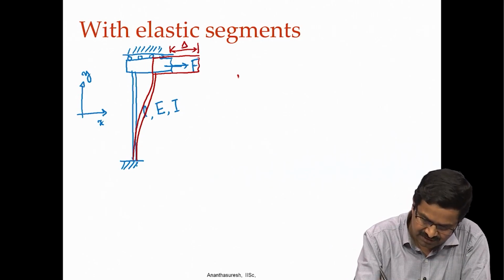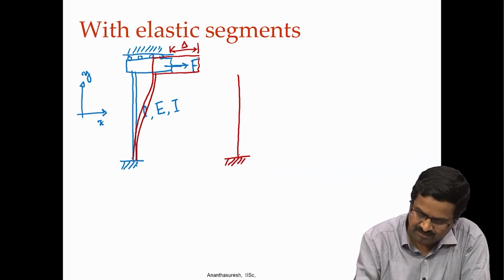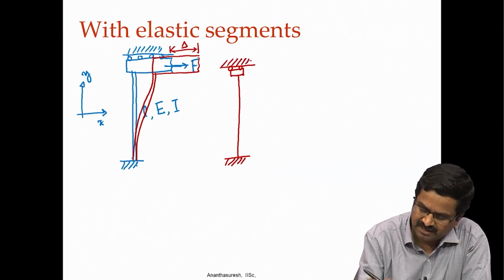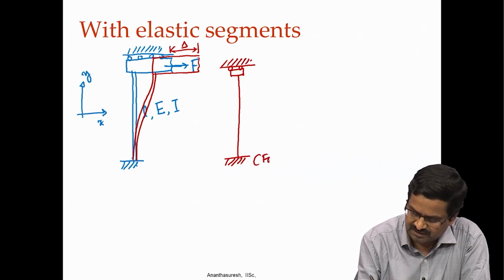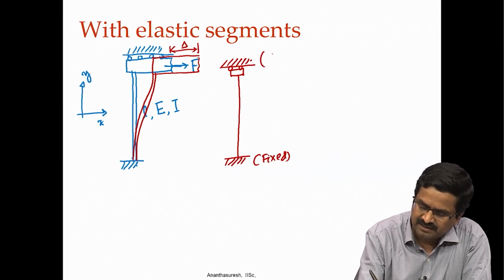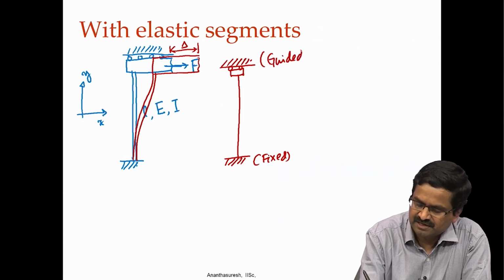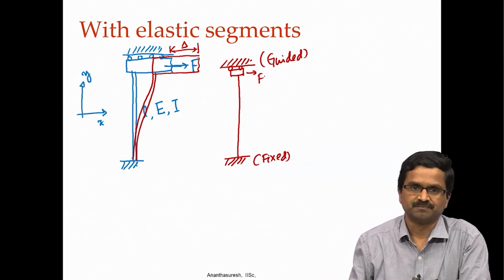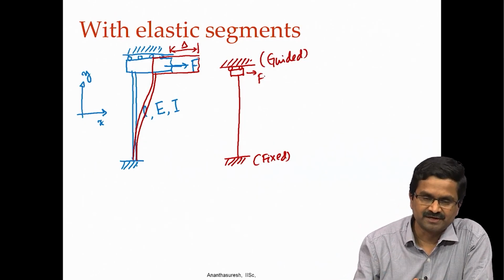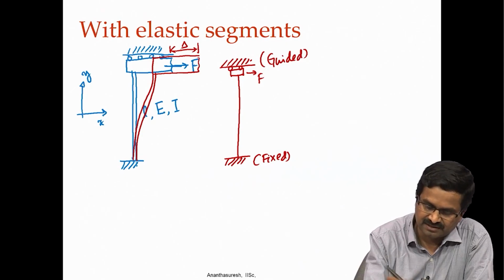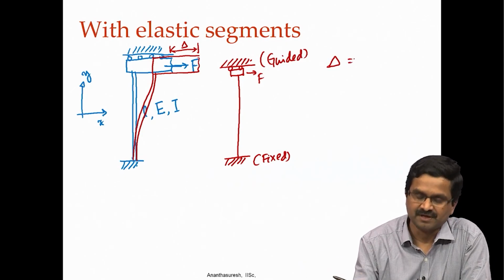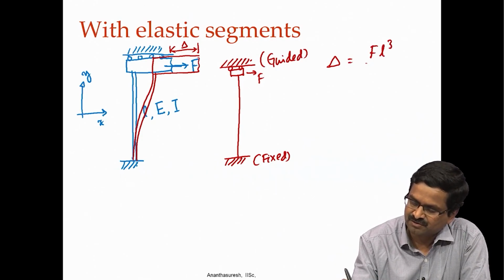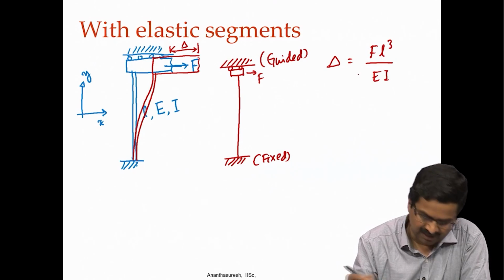So now if I just do the abstraction, I have a cantilever beam that is guided here. One end here is fixed, the other end here is guided transversely, it can move this way. When I apply a force here, I want to know how much it moves, right. Some of you may remember these formulas right away. If it is a cantilever beam, everybody knows, or most people would remember, the delta will be FL cube by 3EI.